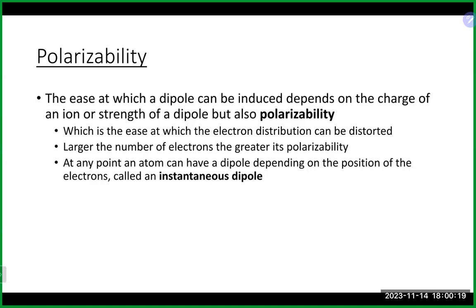So for example, if you had two nonpolar molecules here, and in the first nonpolar molecule on the left, all the electrons for whatever reason decided to migrate over to the right-hand side of the molecule, which they could do because they are flying around randomly, so they could find themselves at one point all in the same area of the molecule, that would create a temporary separation of charge.